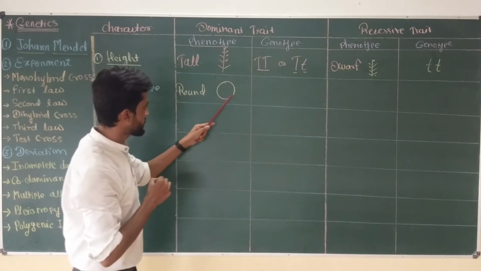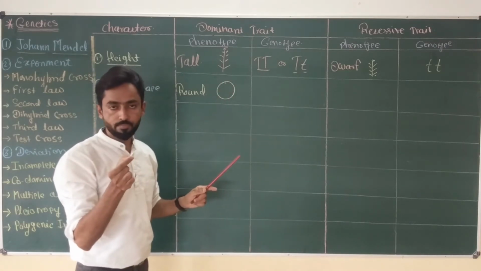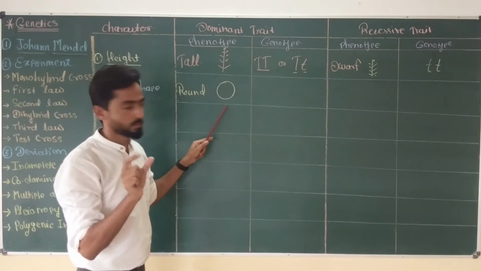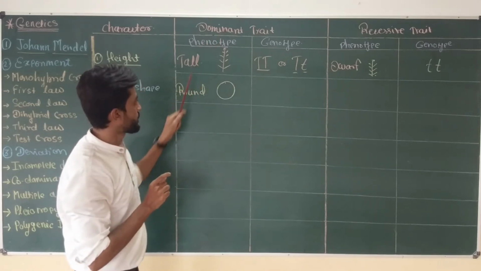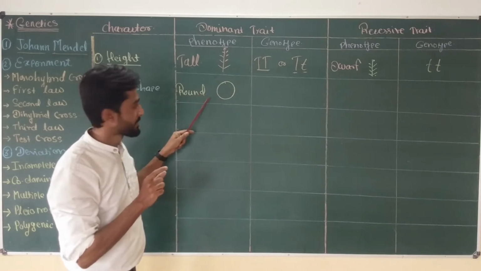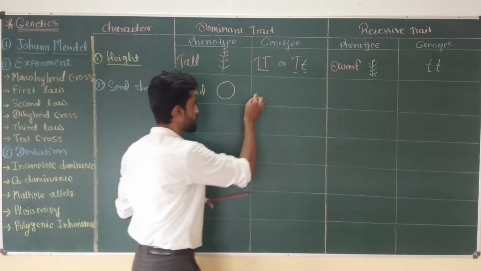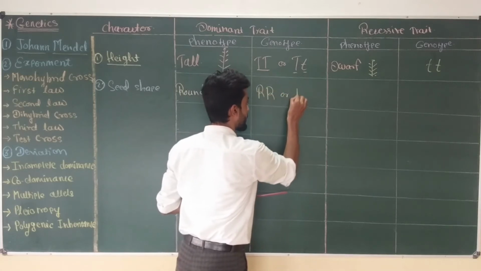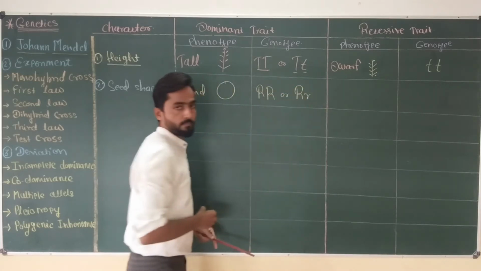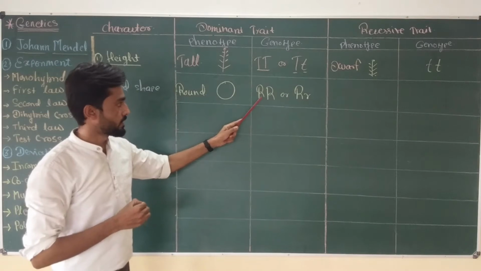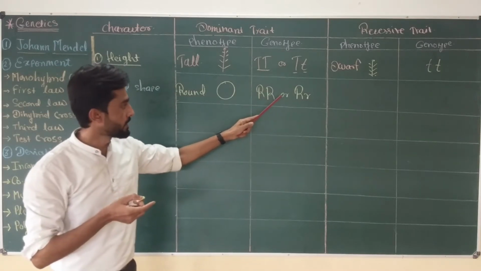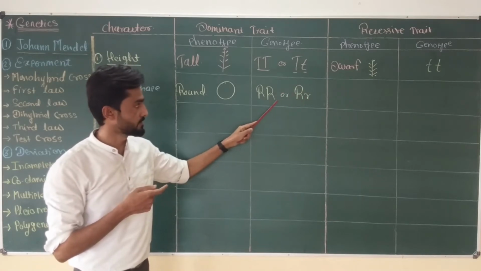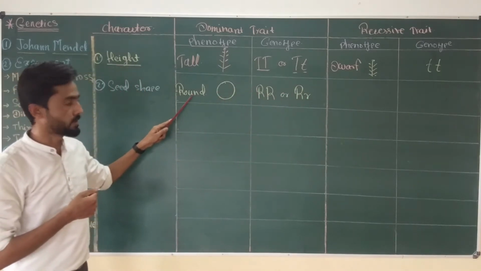The surface of the seed is smooth and the overall seed appears circular or round. Its genotype will always be capital R capital R or capital R small r. Both the genes will be dominant, or one gene will be dominant and another will be recessive. In both these cases, the seed shape is going to become round.